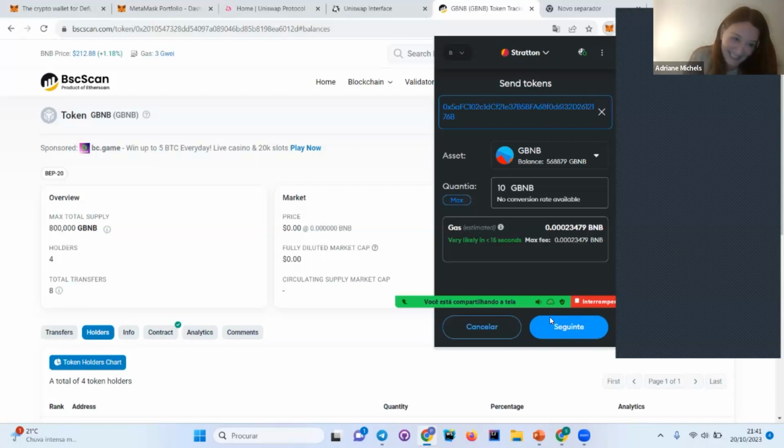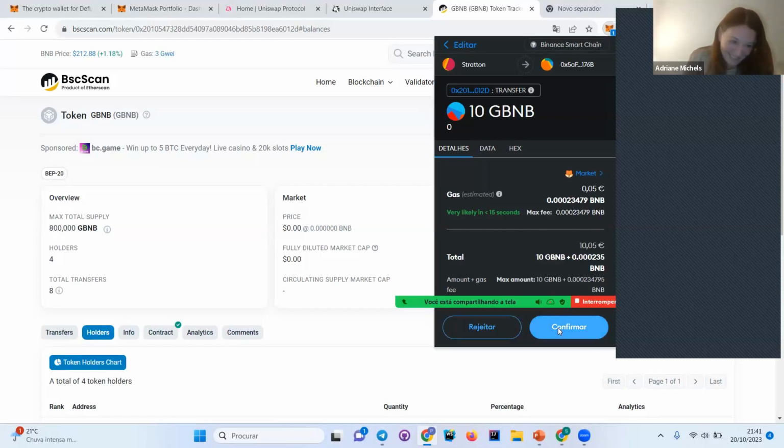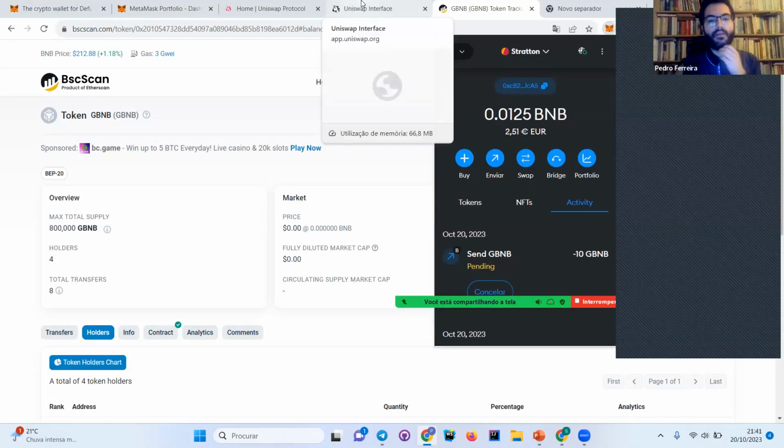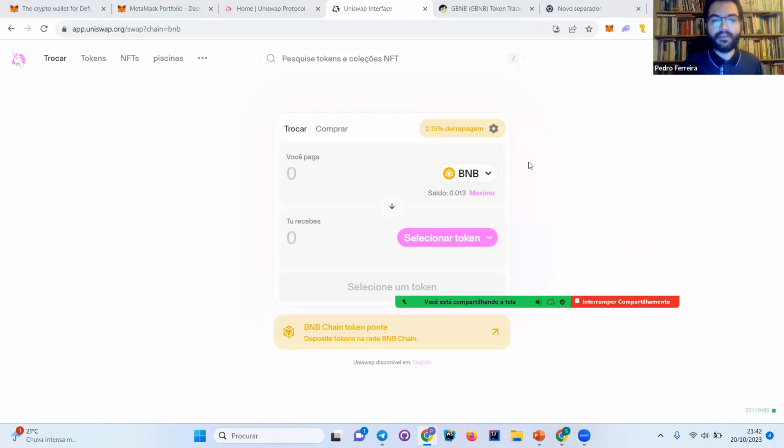Now you have 10 GBNB, which is an asset, but we are going to add value. I'm going to give an initial value so you understand, and then I will send you also BNB, but I'll give you just the overview so you can do the process alone. Basically, we created GBNB, the token, the asset.